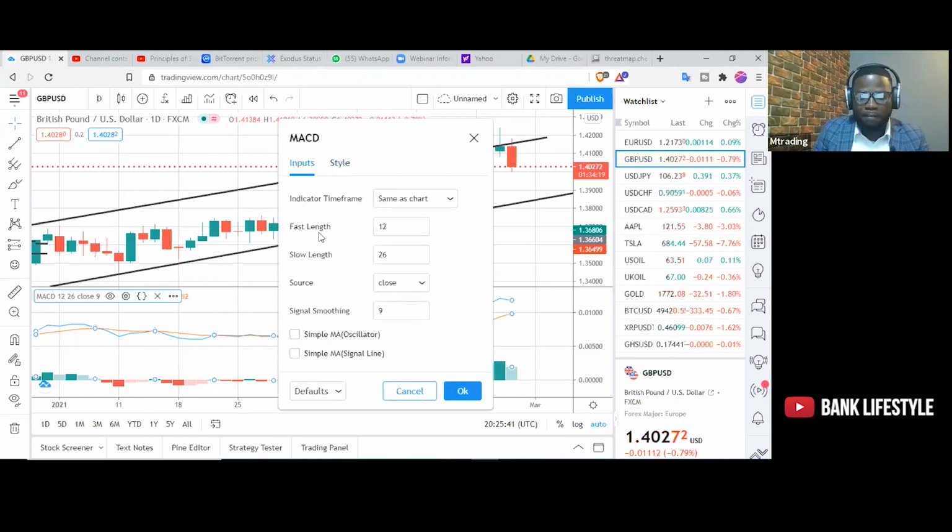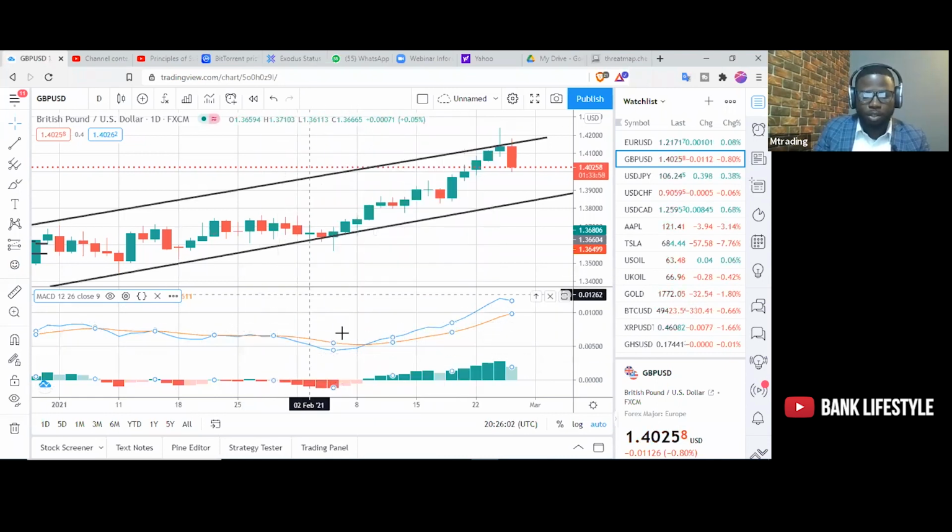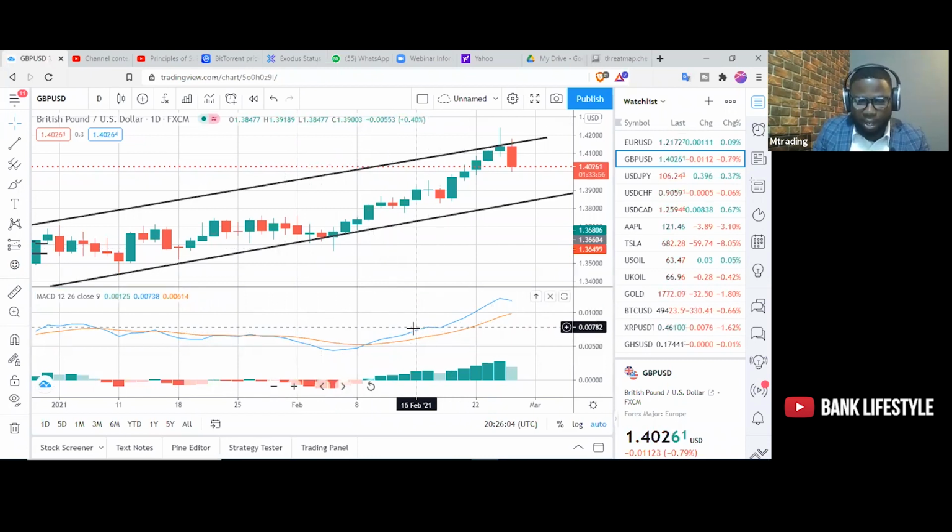We have the fast moving average, set to 12, and the slow moving average, set to 26. When I'm using this type of indicator, I don't mess with the default settings. I just use the default settings as they are. So we'll go to OK. You can see that the light blue one is the fast moving average, and the yellow or orange one is the slow moving average.